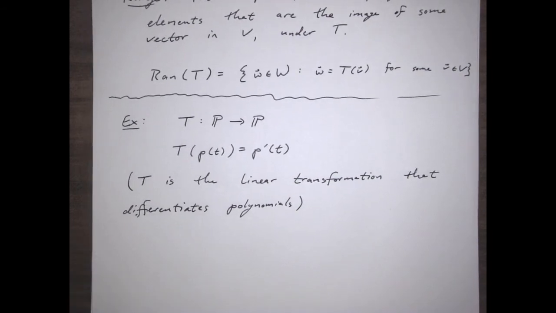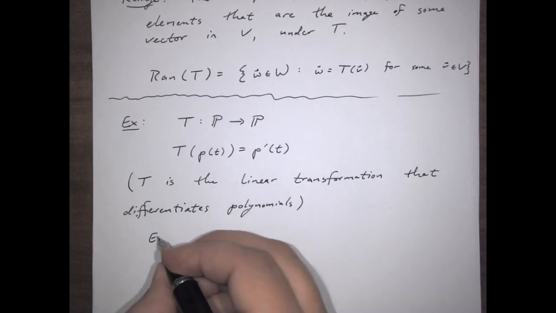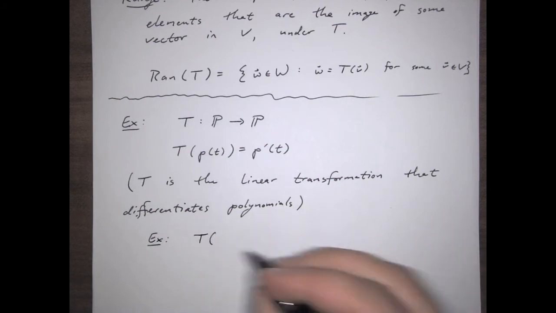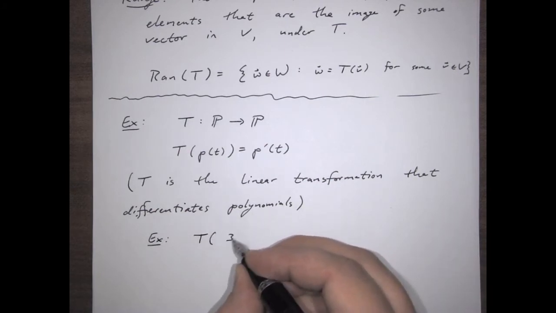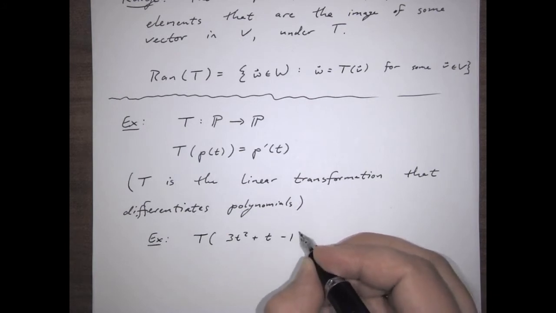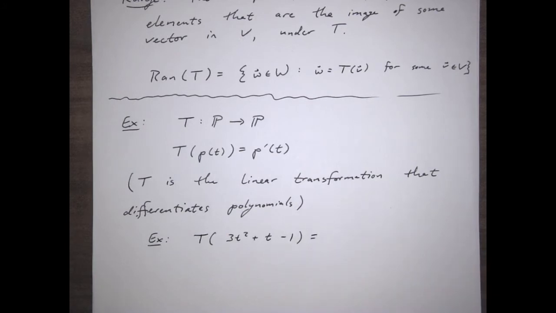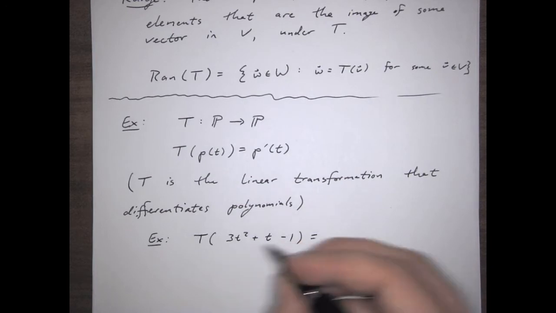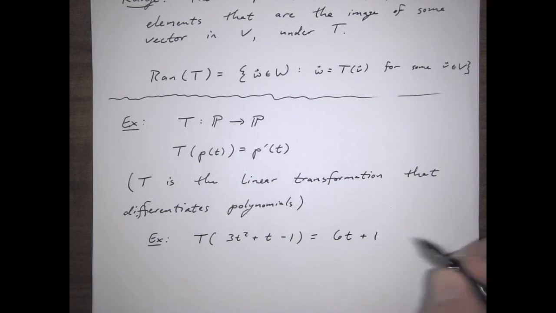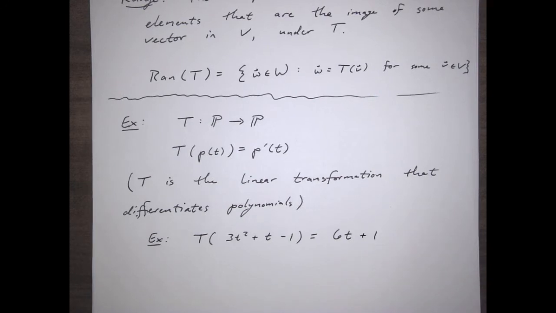By differentiate here, I mean literally take the derivative. So for example, if I wanted to do T of, let's say 3t squared plus t minus 1, this would just mean literally taking the derivative. So this would be 6t plus 1. So just an ordinary power rule.